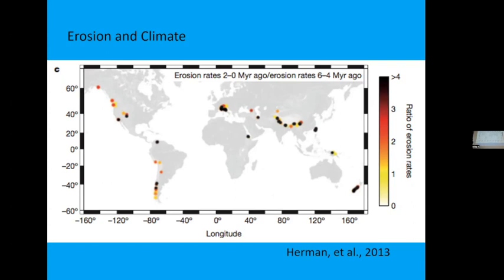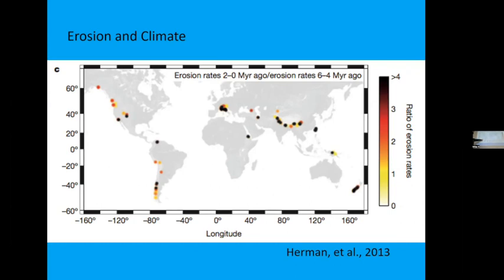This is a map somebody put together of erosion and climate, and what it shows is how the erosion has increased over the last couple million years compared to times before that. The darker the color means things are eroding faster over the last couple million years compared to the previous few million years. And you see everywhere's pretty dark because the focus is on the mountain belts around the world.